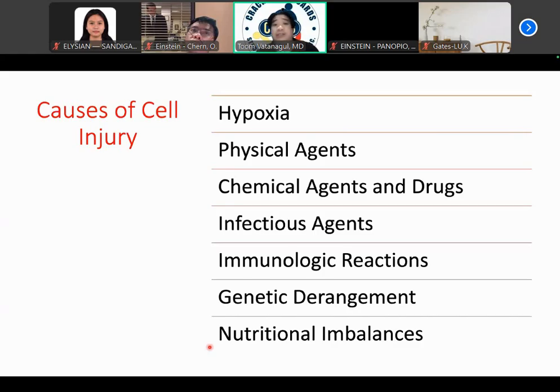Which of these causes is the most common cause of cell injury? Which is considered to be the most common cause? Go, you get one point in the exam. It is hypoxia. Hypoxia is the most common cause of cellular injury. Okay?